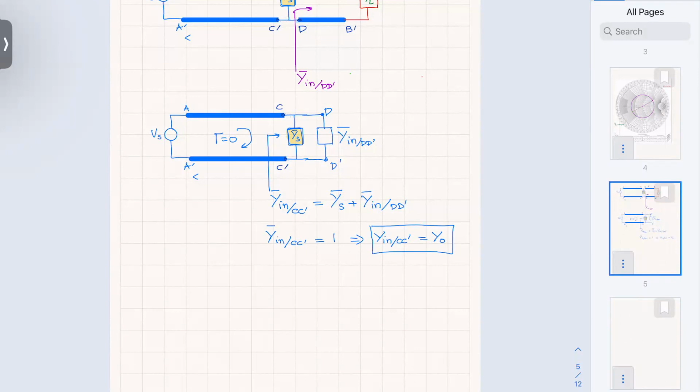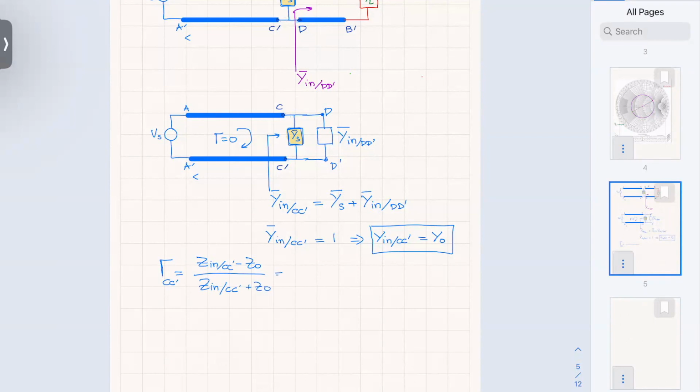If that happens, the reflection coefficient is 0, because the reflection coefficient on the line, practically at CC prime, is going to be Z input at CC prime minus Z naught, in terms of impedance, over the sum.